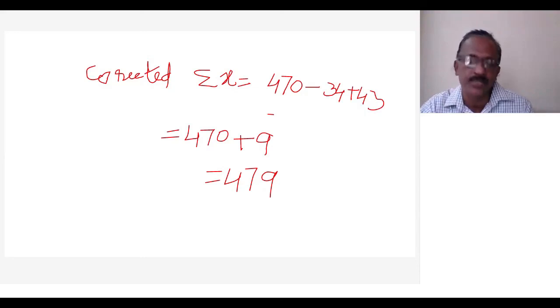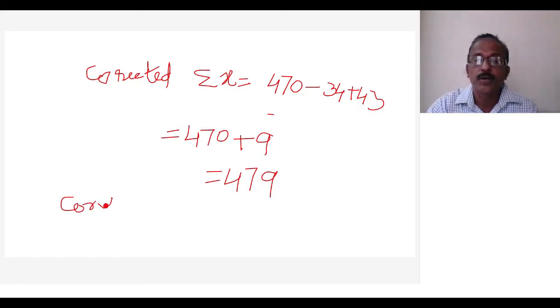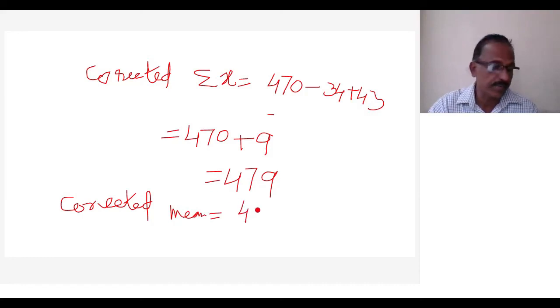On dividing 479 by the number of observations, we will get the correct mean. Therefore, the corrected mean is equal to 479 divided by 10.